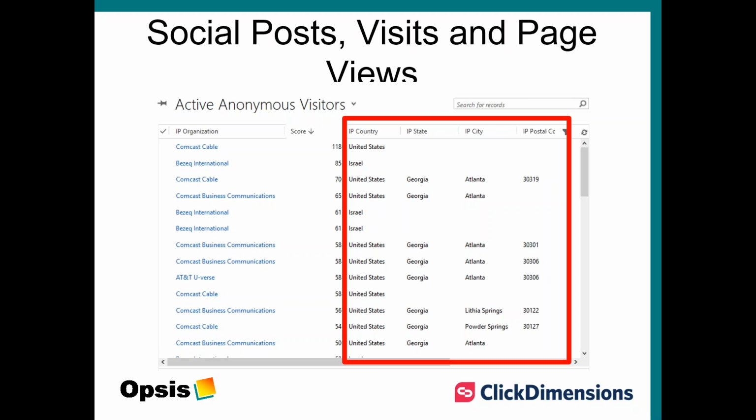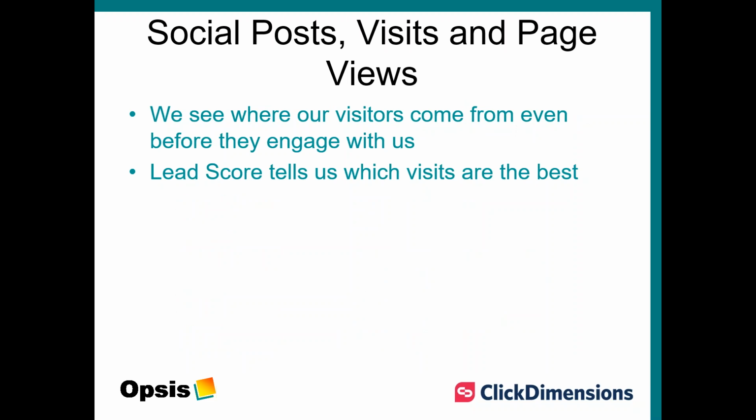But already we can see that the majority of our visitors, at least according to this screenshot, are coming from America. We also get a lead score, so we can see which of those anonymous visitors are the most likely to ultimately become a client.